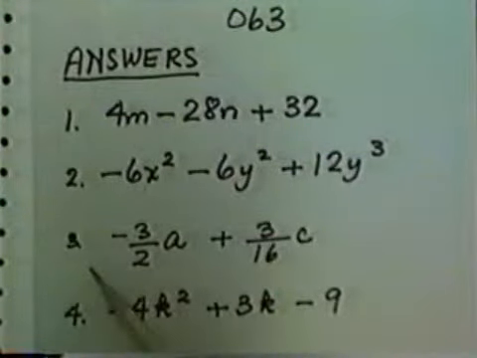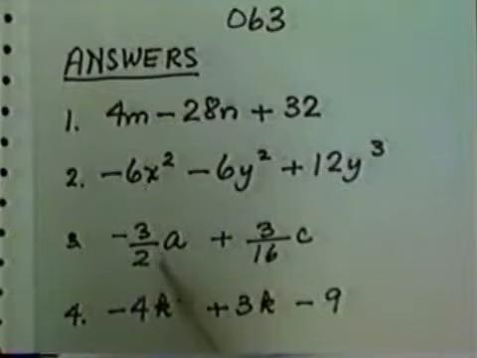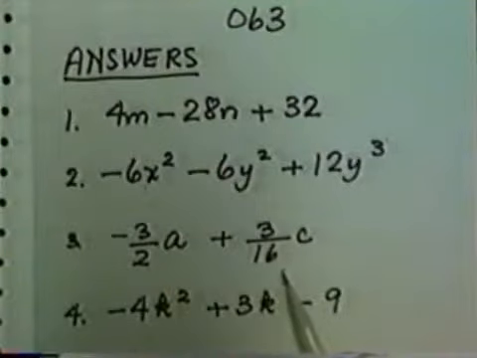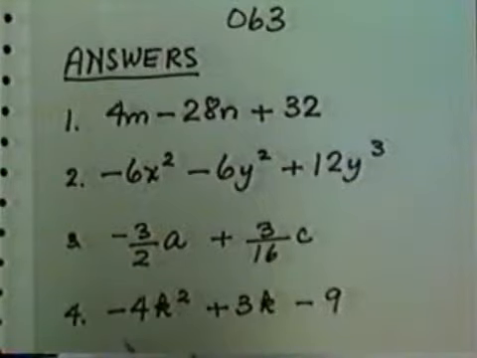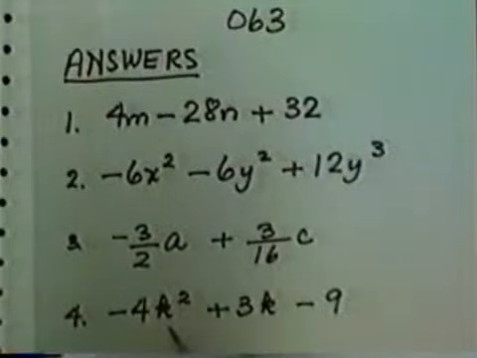For number 3, the answer is negative 3/2 a plus 3/16 c. And the answer for number 4 is negative 4k squared plus 3k minus 9.